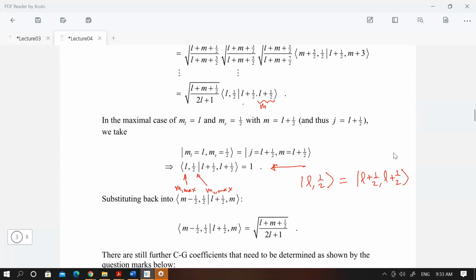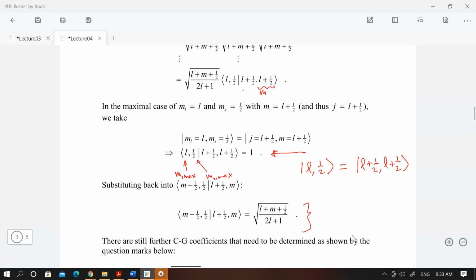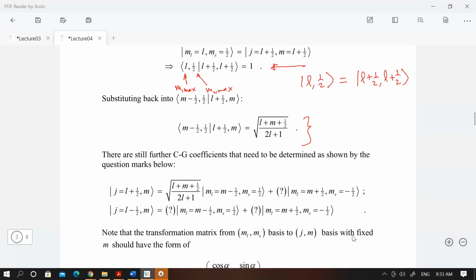Okay, so in other words, I can include this so-called convention over here. And then essentially I get my Clebsch-Gordan coefficient given by this particular quantity. Okay, and this works for your orbital plus spin state.